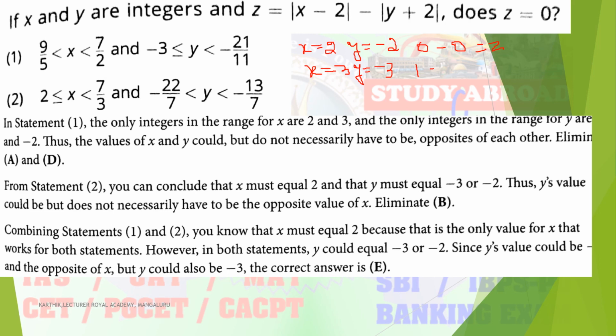Minus 3 plus 2 is minus 1, but here the modulus is there, so your answer is 1. So here also you will get 0 only.